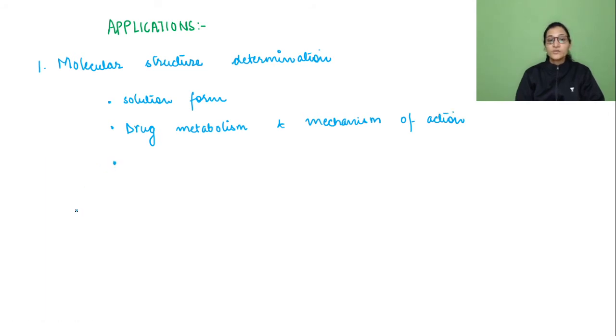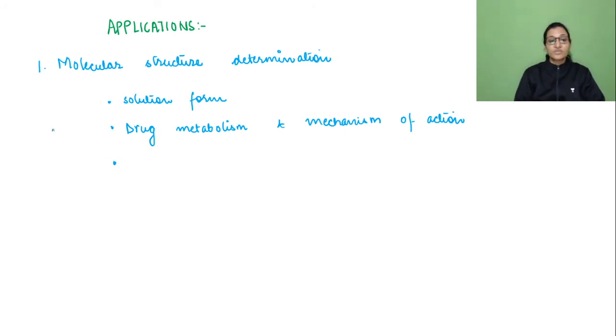Then low resolution NMR on lac repressor was also done, and on the head repressor headpiece and BPTI. Then high resolution NMR spectra are also recorded for inflammatory proteins, then plastocyanin, then epidermal growth factor and interleukins.